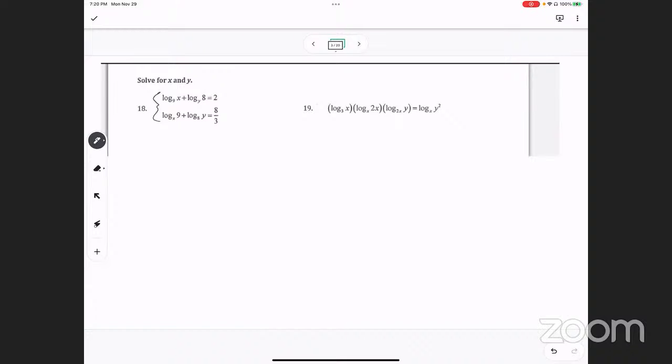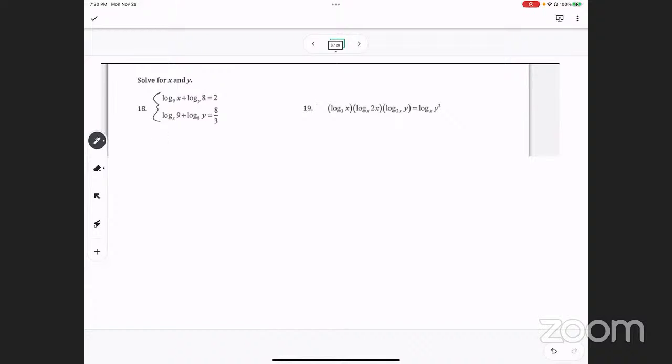Wow. Well, so again, my gut feeling is let's write them all in base 10. Let's just see what happens.